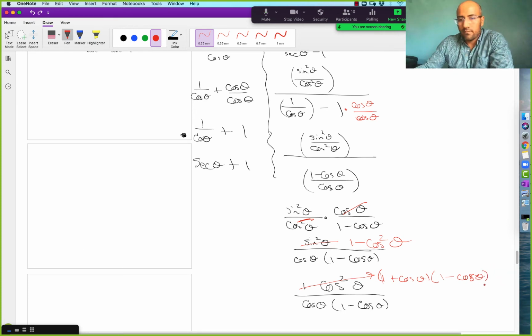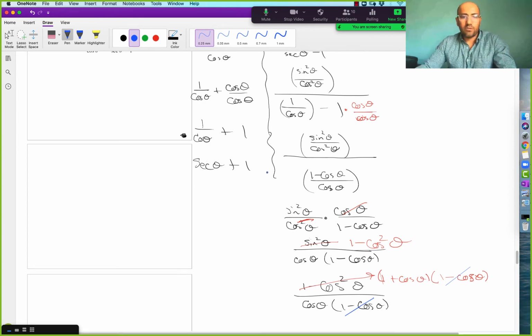Good. So now this will cancel with that, and we're left with just 1 plus cosine of theta over cosine of theta, which equals this.